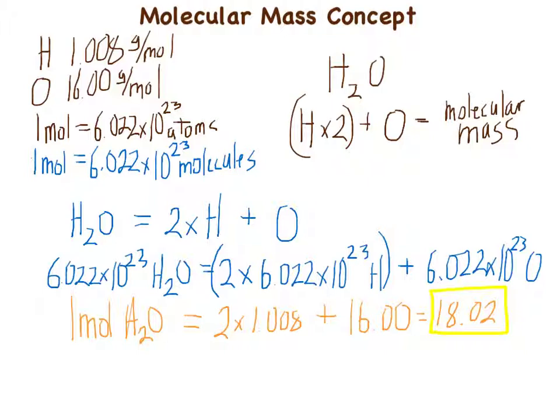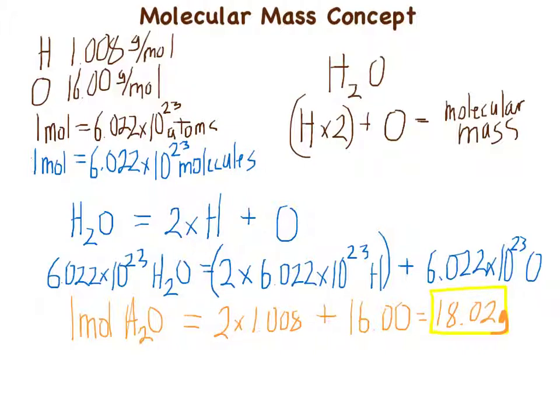And of course, these numbers that we looked up in the periodic table are in grams, so therefore this will be in grams. Okay, so this is the molecular mass of water, and we found it simply.